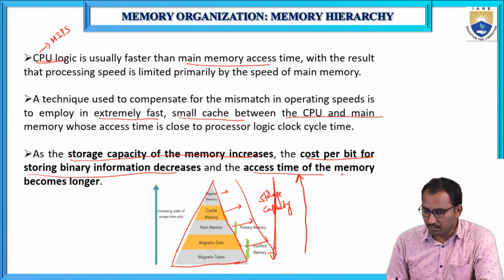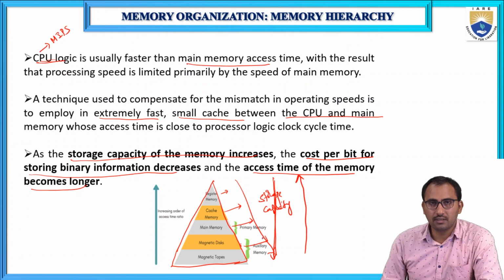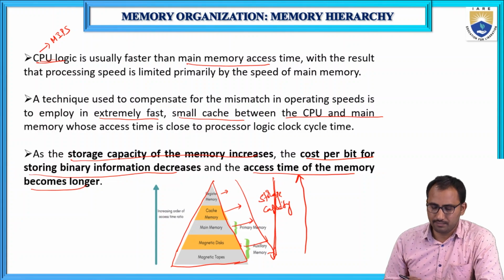The access time becomes longer because for the auxiliary memory devices, the access time is very high, 1000 times that of the main memory.